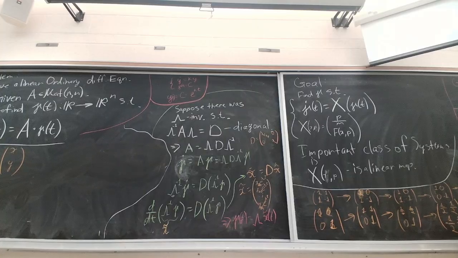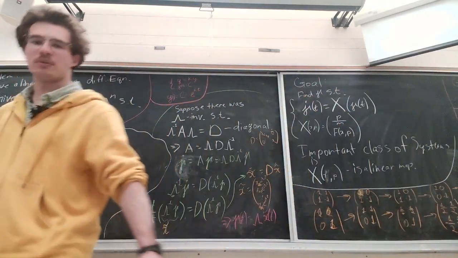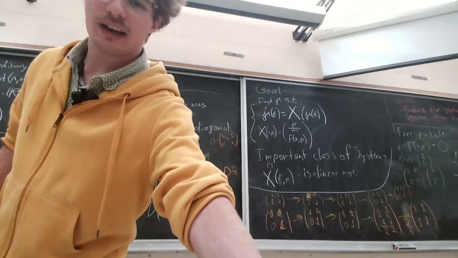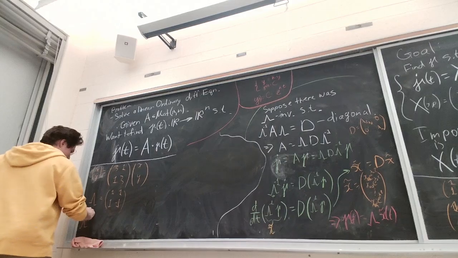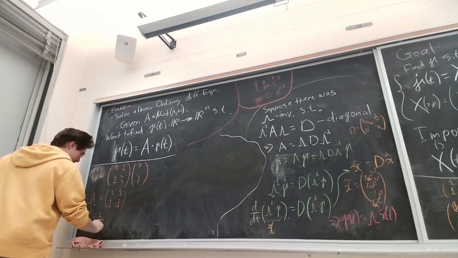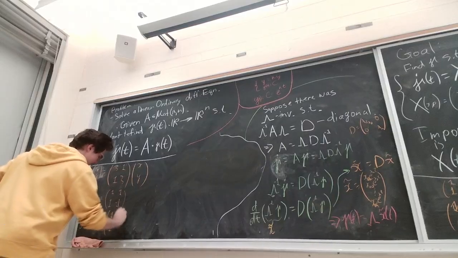I can just factor out the 1 half. This is going to be 1, 1, 1, minus 1. Oh, haha, it's the same matrix. That's crazy. Almost like I chose this to be brain dead simple to compute. Okay, so that's that. And so we just computed that lambda inverse is equal to 1 half 1, 1, 1 minus 1. Very nice.